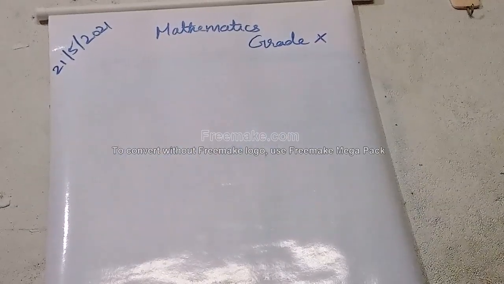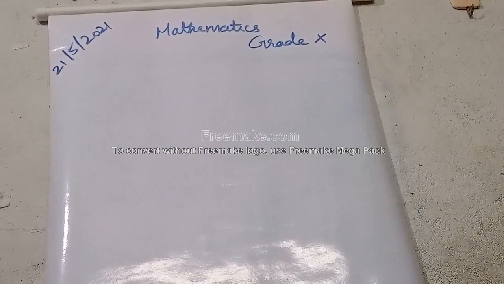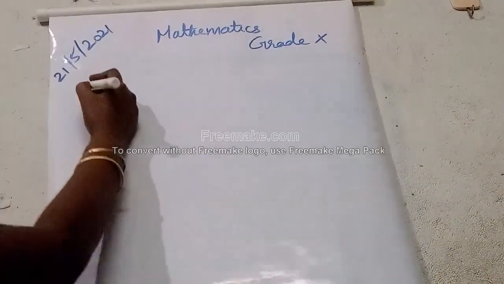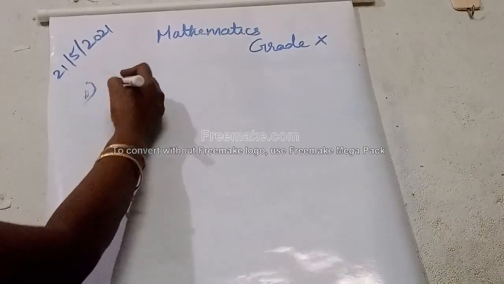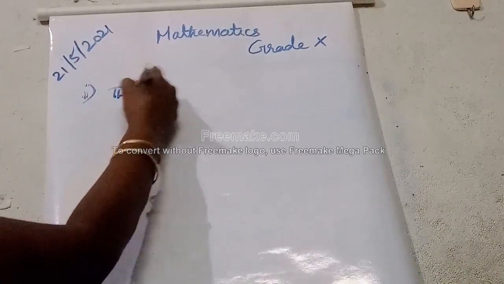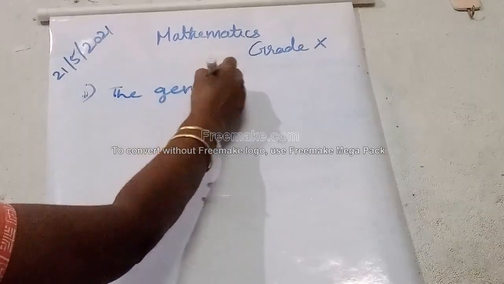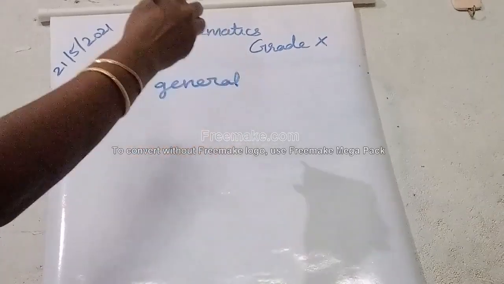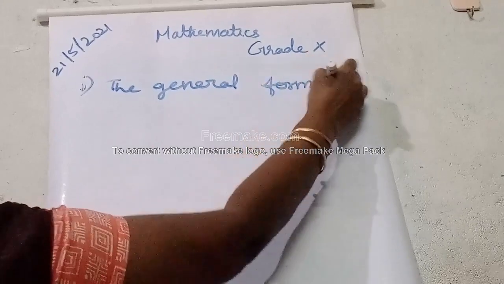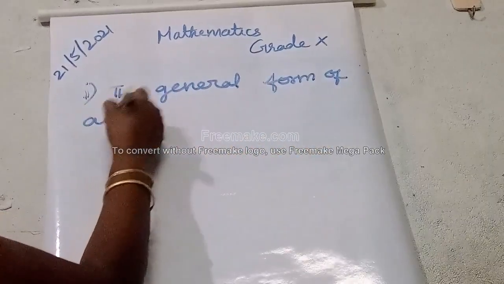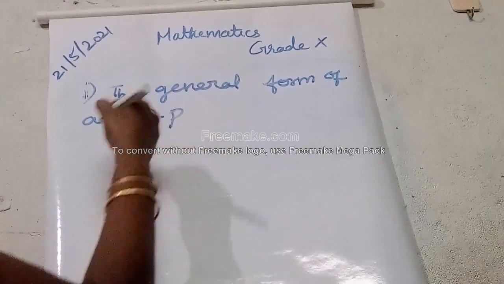Let's write two important formulas. Along with me, write the formulas. First one, the general form of an AP.